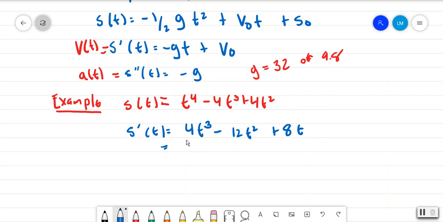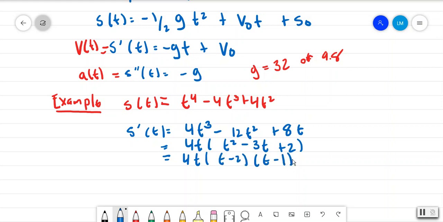If I take out 4t, this is equal to t squared minus 3t plus 2. Notice that you can reduce this even more by factoring. So you have t minus 2 and t minus 1.